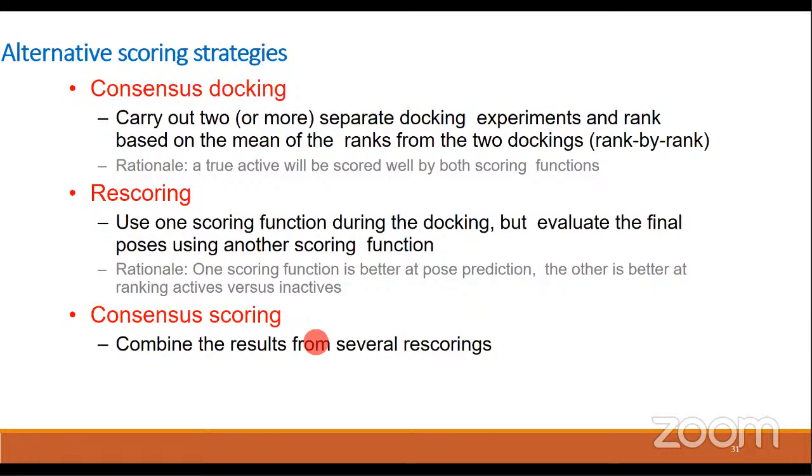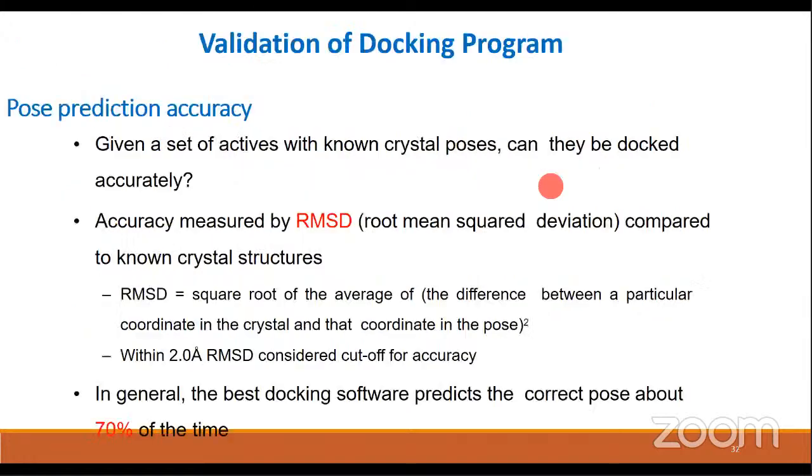And rescoring, where you use multiple scoring functions and rescore. Consensus combined with several rescorings can alternatively be used for molecular docking studies.